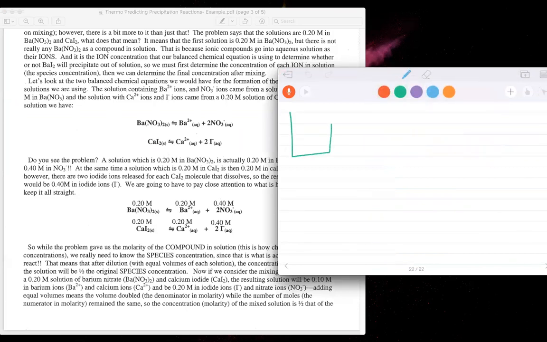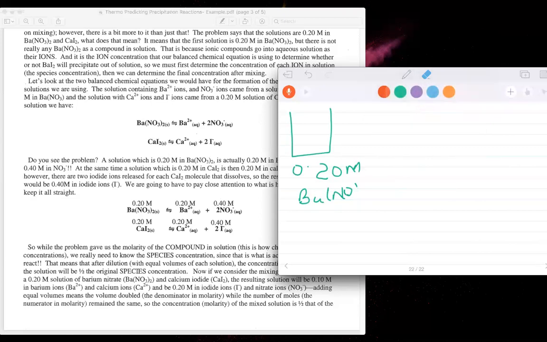I have 0.20 molar barium nitrate. You have to write the correct formula for your reagents.